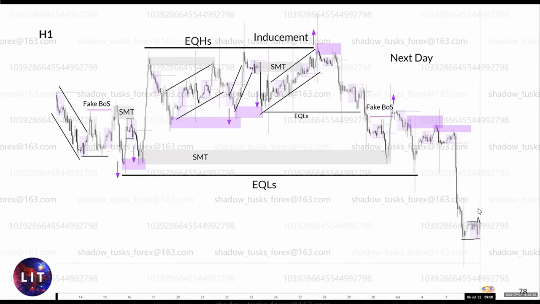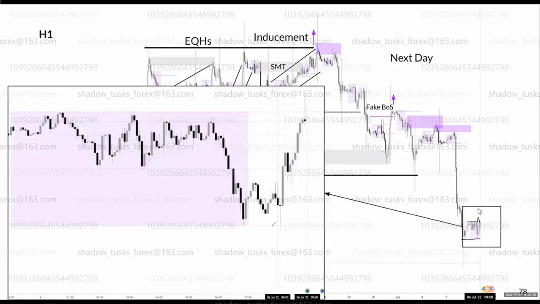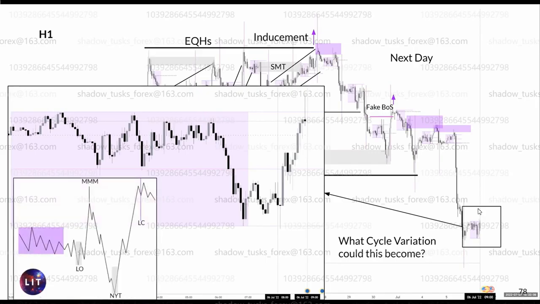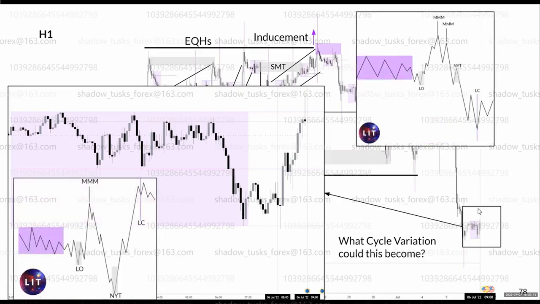So guess what? We take a look at the M5. What is this again? It's the 6th of July. Inducing low, Asia whipsaw. Look at this, or look at this. We had it exactly before. It's exactly the same.